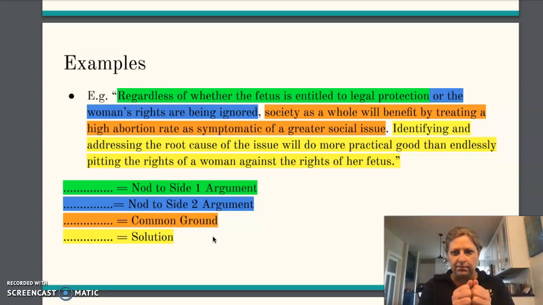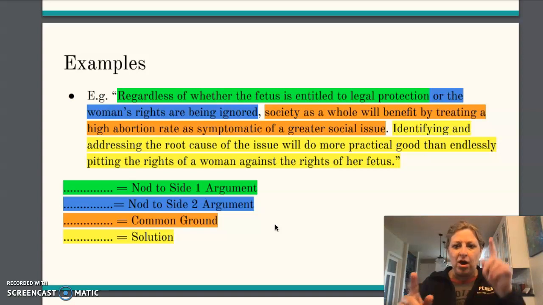Common ground. Both sides would believe this is a problem, right? So the solution that both sides can agree on: identifying and addressing the root cause of the issue will do more practical good than endlessly pitting the rights of a woman against the rights of her fetus.